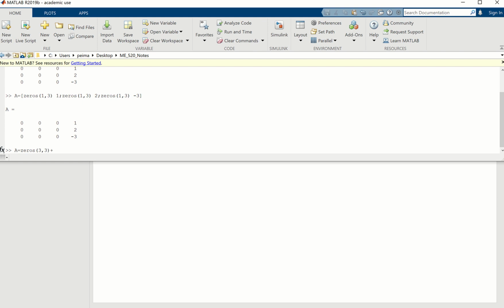Can I do that? No, because I'm not adding this column to this, so this is not possible. So as homework, if it's possible, try to generate this matrix by the zeros command that I taught in part 4. Okay?